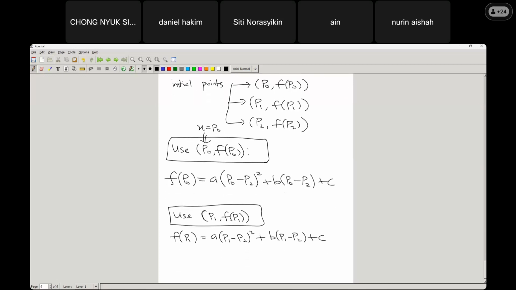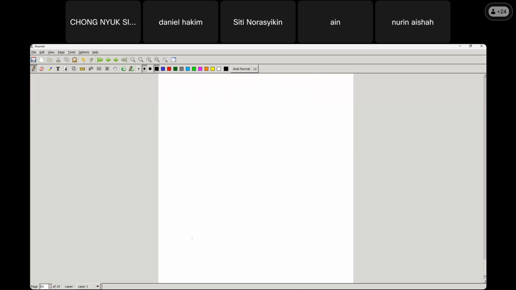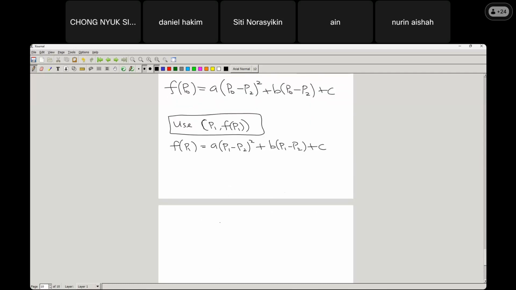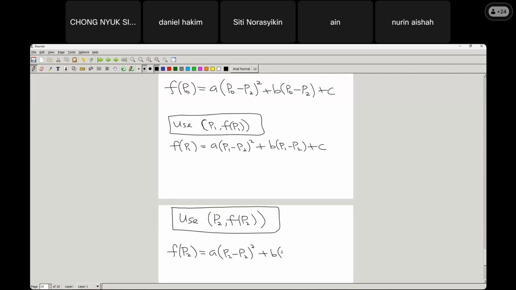Next we use the third initial point, p2, f(p2). What do we get? Substitute into the formula where x is p2. So f(p2) is equal to a times (p2 minus p2) squared plus b times (p2 minus p2) plus c.